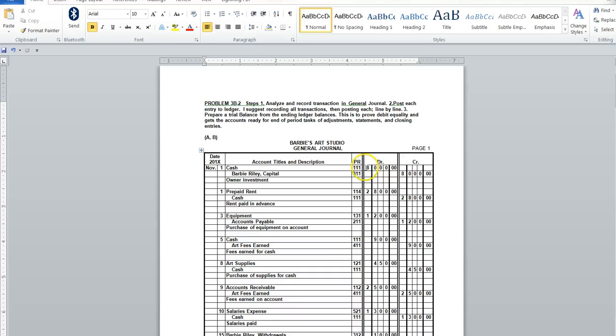So what you're doing is setting up the numbers that are going to go to the ledger. As such, we debit cash for $8,000, and when it gets to the ledger, it'll cause an increase in its account. We credit the capital account to increase it by $8,000.